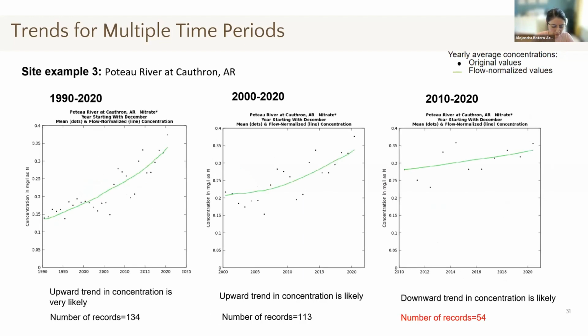And this third site in Arkansas, we can see that it has increasing trends for the 30-year and the 20-year trend period, while the statistical test is telling us that it has a downward trend in the concentration, even though it looks like an increasing trend. However, this site has only 54 records for the analysis. So that indicates that it is recommended to use a good amount of years that have enough data, at least 100 records, to perform a trend analysis.